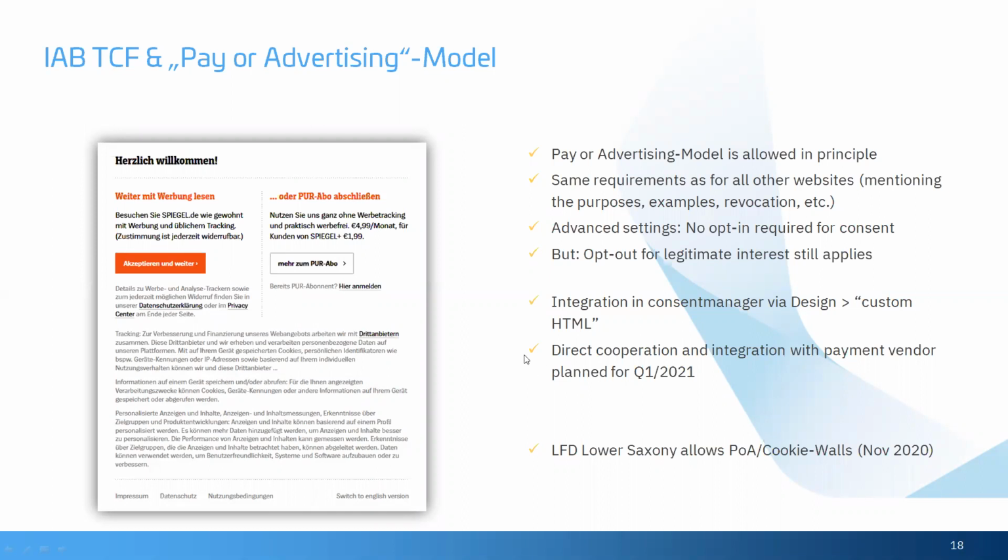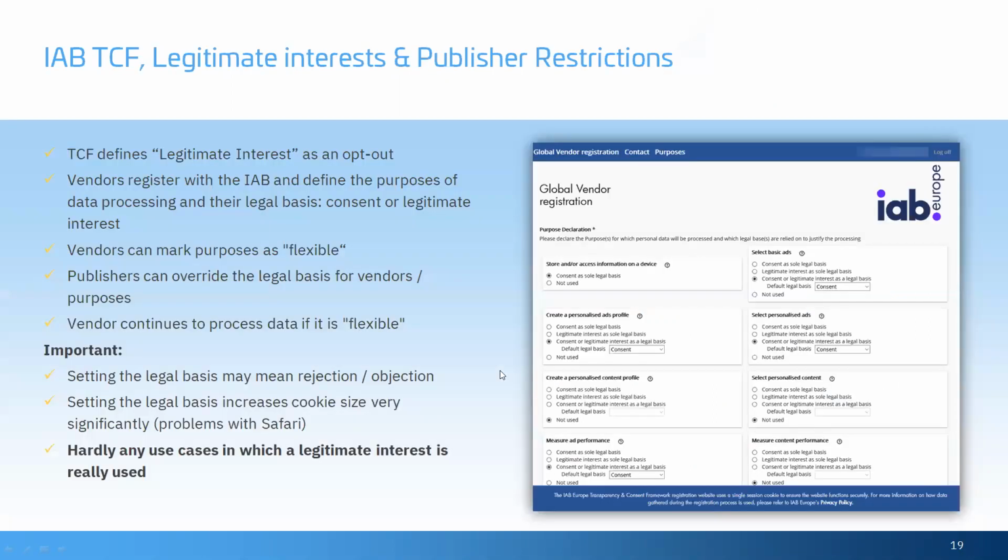So that's this model, and a last look at TCF and legitimate interest, and with this the publisher restrictions. Legitimate interest is one of the 6 legal bases in GDPR. TCF, for practical reasons, only supports consent and legitimate interest. The 4 other legal bases don't really make sense on the internet.